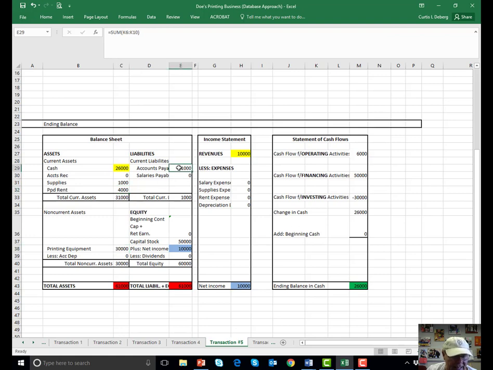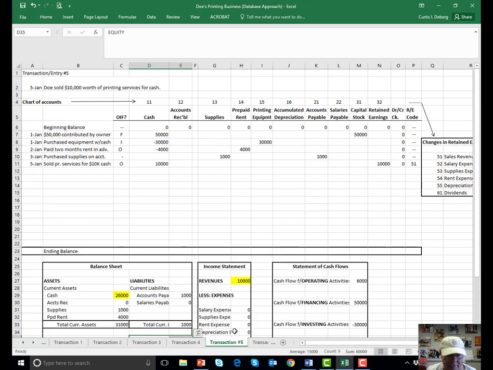We have accounts payable of 1,000, capital stock plus net income. Everything balances. Notice our balance in cash here equals our balance in cash in the statement of cash flows. So we have our balance sheet, income statement, statement of cash flows, and of course our statement of changes in equity is embedded as part of our balance sheet.